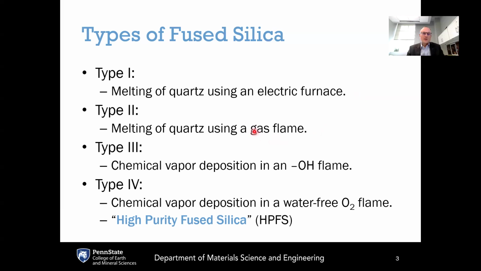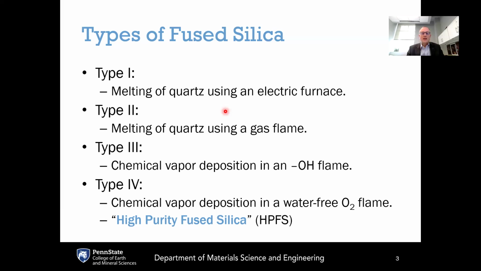Now, the downside of both type 1 and type 2 fused silica is that there are impurities in quartz. Any quartz that you dig up from the ground is going to have some level of impurities. It might be ppm, parts per million level. It might be ppb, parts per billion level of impurities.